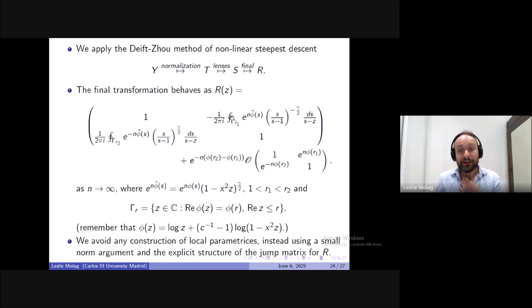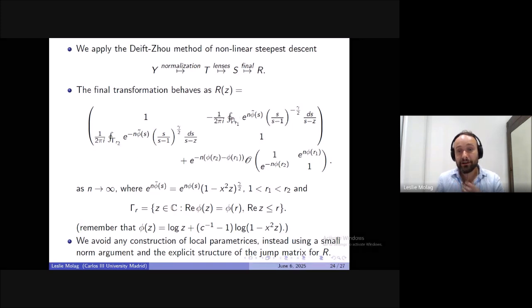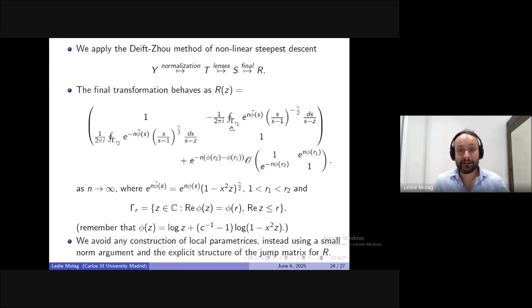So these are in the off-diagonal elements. You see contour integrals over certain curves, which are related to this curve gamma that I showed you before. But for that curve, you would have to take r as 1 here.